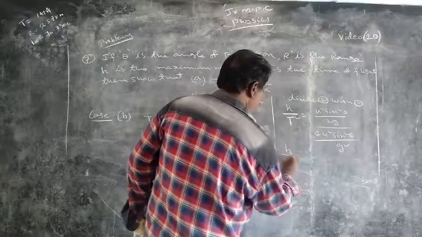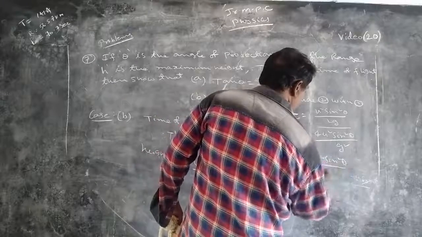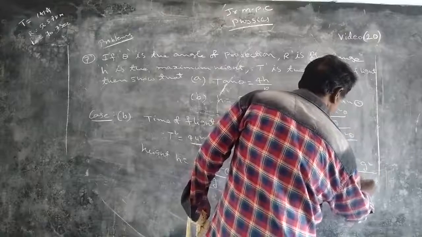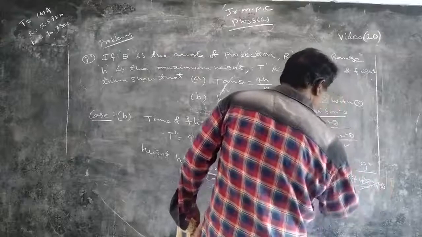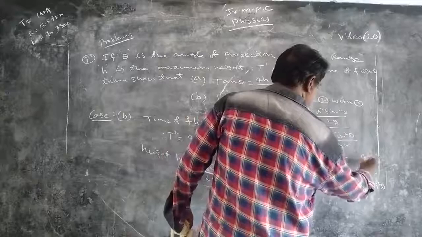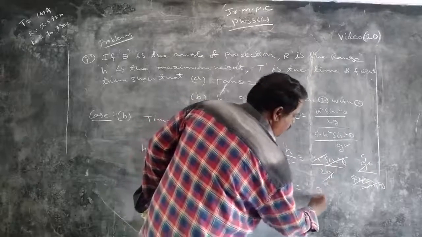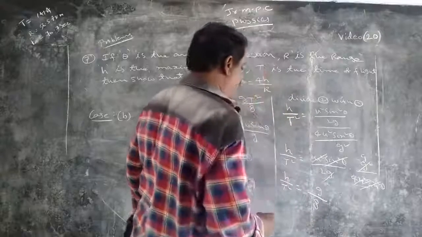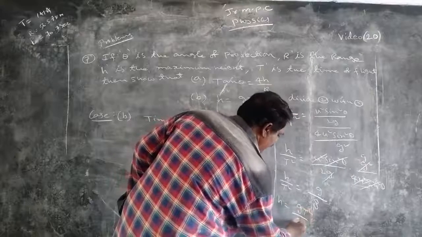On solving, h by t square is equal to u square sin square theta by 2g times g square by 4u square sin square theta. Sin square theta and u square cancel. G also cancels once. Then we get h by t square is equal to g by 2 into 4, that is g by 8. Or h is equal to g t square by 8.